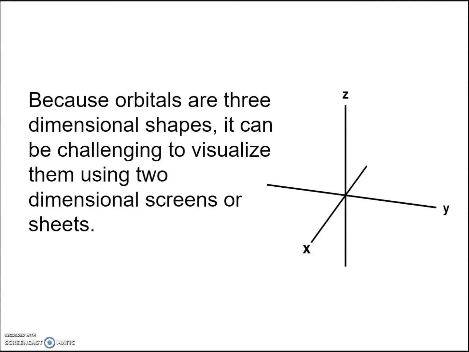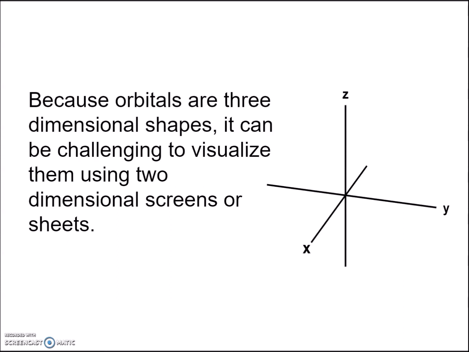When we take a look at these shapes, remember, they are a three-dimensional solution to Schrödinger's wave function. So we're used to looking at two-dimensional axes in algebra class, where you have an x and a y-axis in a plane. But if you add on to that the z-axis, well, students, now it gets a little bit difficult to visualize this or represent it using a flat screen or a flat sheet of paper.